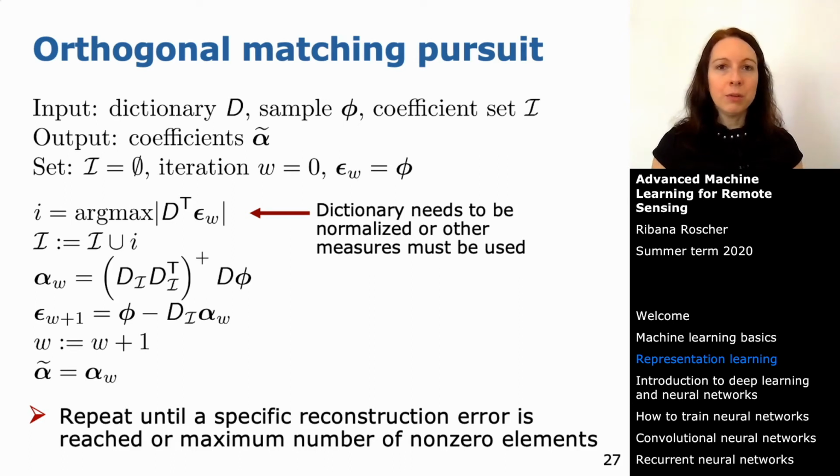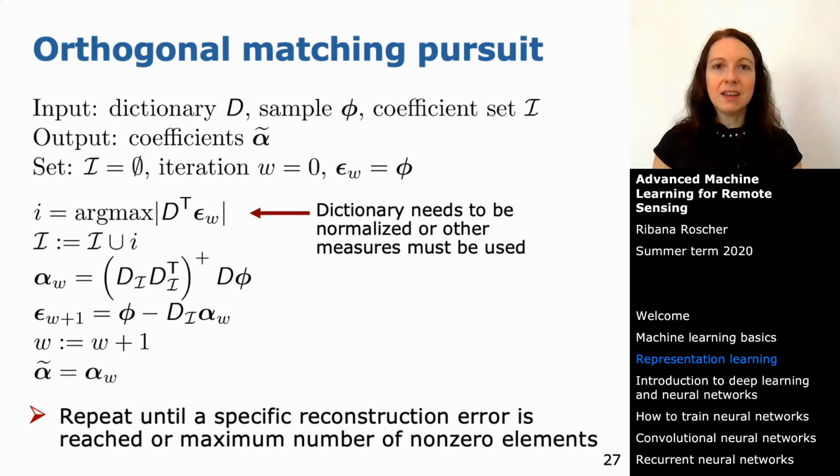To determine the first element for the coefficient set, you compute the scalar product of your dictionary and the reconstruction error, and if you take the argument of the maximum, it will give you the first best suited element to put in your coefficient set.